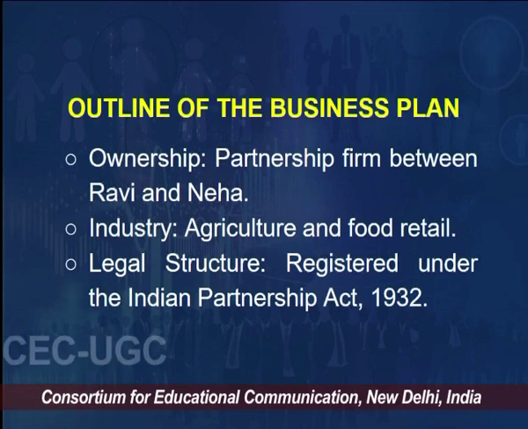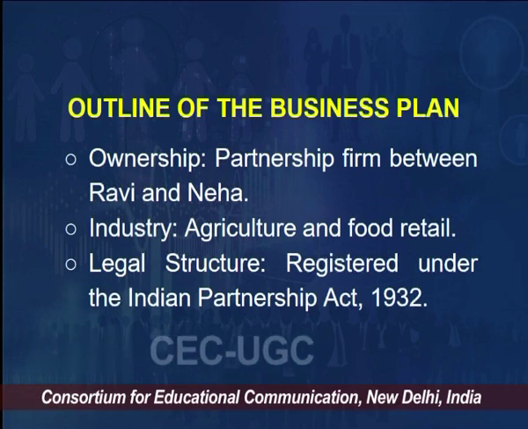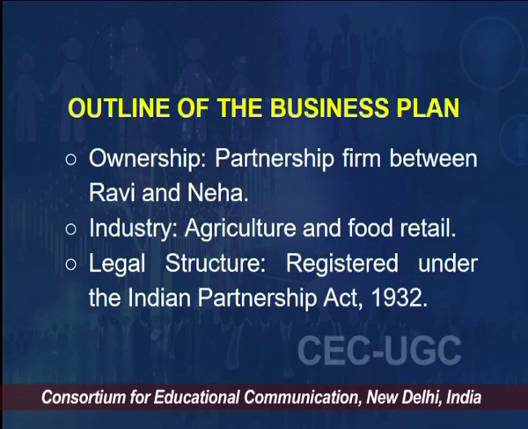The legal structure is that the business will be registered under the Indian Partnership Act 1932, and the industry role is providing an eco-friendly alternative to chemically grown produce. There are certain projections which you have to keep in mind, that is, targeting a 10 crore turnover in 5 years with a 25% market share in the Pune organic segment.